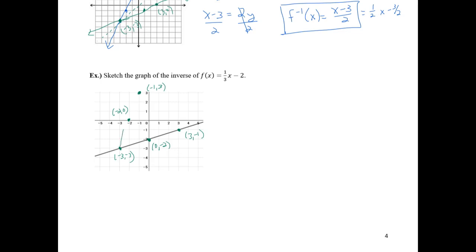So we get this graph here. Again, it's going to be a mirror image across that y equals x line. If you're not getting a mirror image, then something's happening, and you need to reevaluate what you've done.